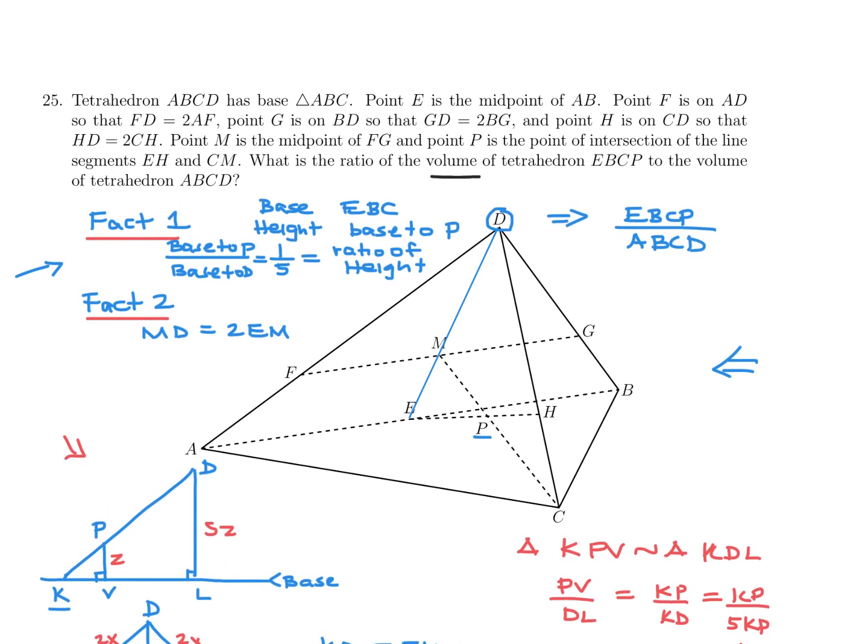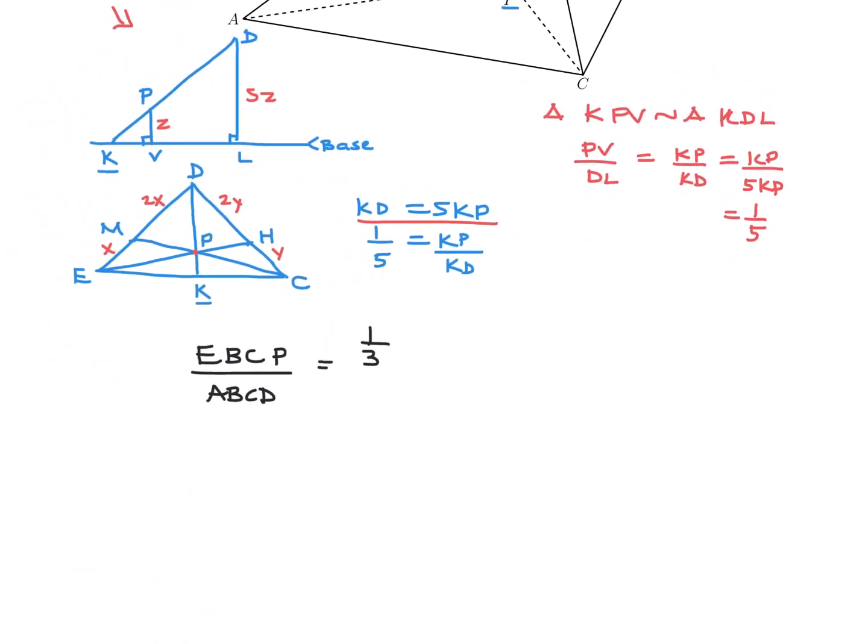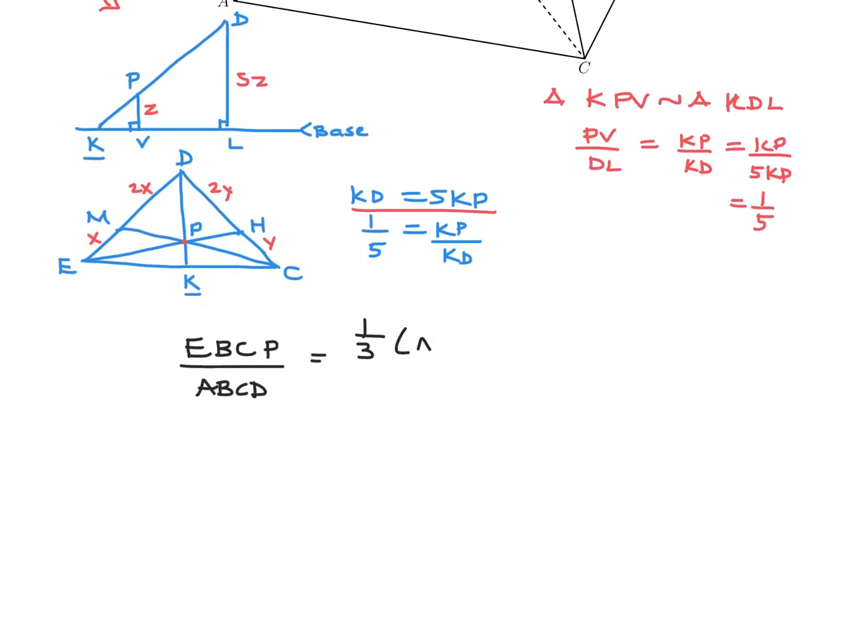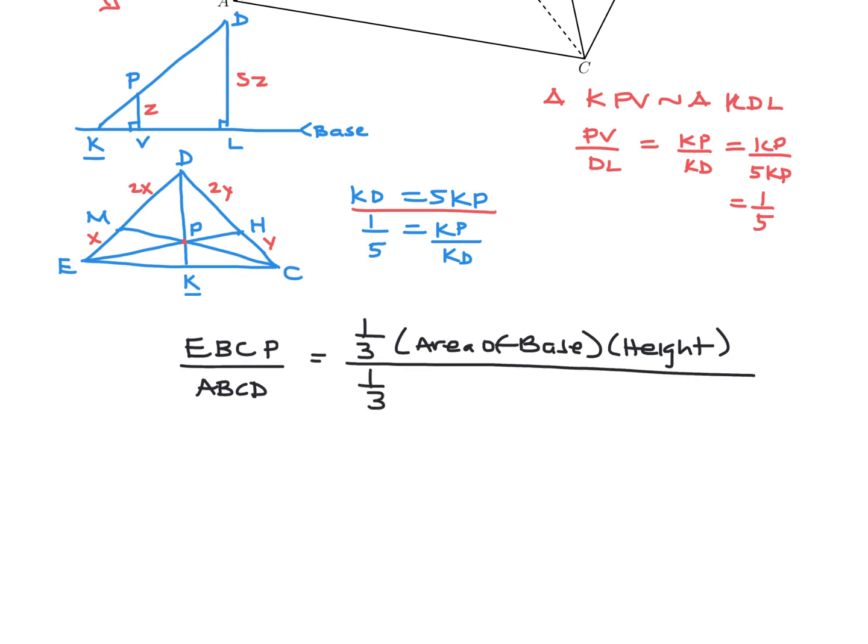Yeah, it's volume. Okay, so the volume of a tetrahedron is 1/3 times the area of the base times the height. So we've got to figure out both of those. So area of base times the height. Okay, well the 1/3 is canceled.